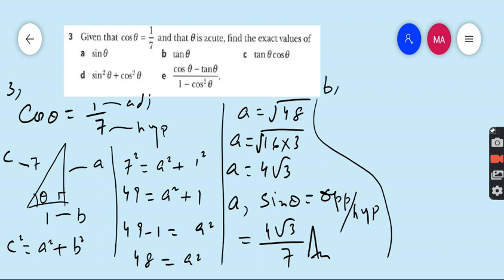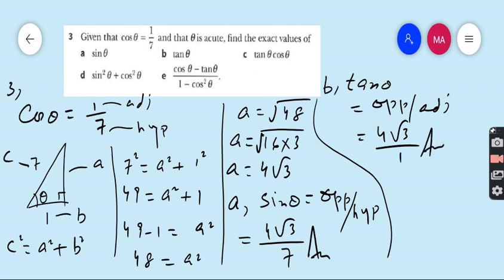Part B. Tan theta. Tan theta is opposite upon adjacent. What is opposite? A, 4 root 3 we have found. Adjacent is 1. Not necessary to write 1. So just write 4 root 3. Part C. Tan theta cos theta.